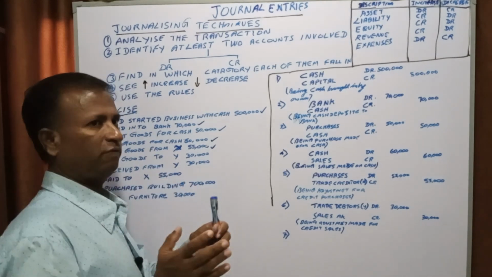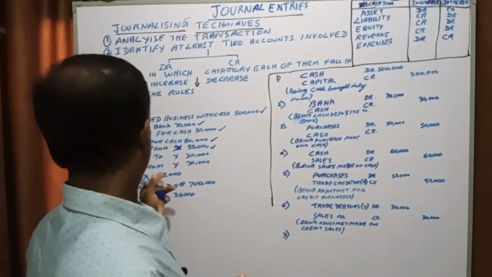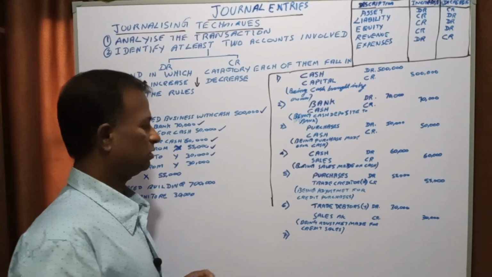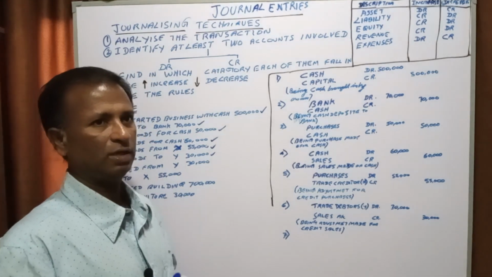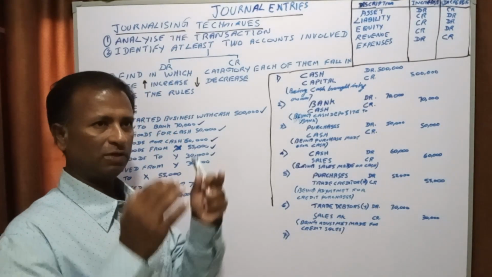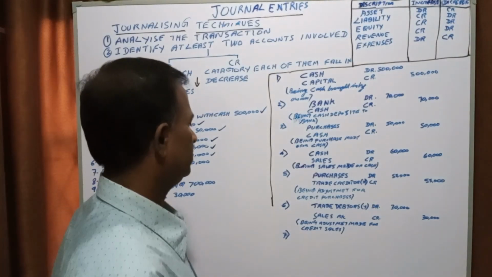Cash received from Y is 30,000. We are receiving cash from Y. Who is the Y? Y is the person, trade debtors. Cash account debit, trade debtors account credit.